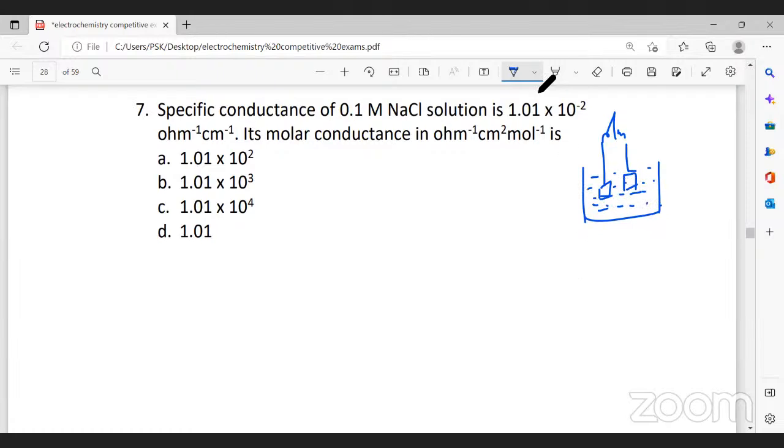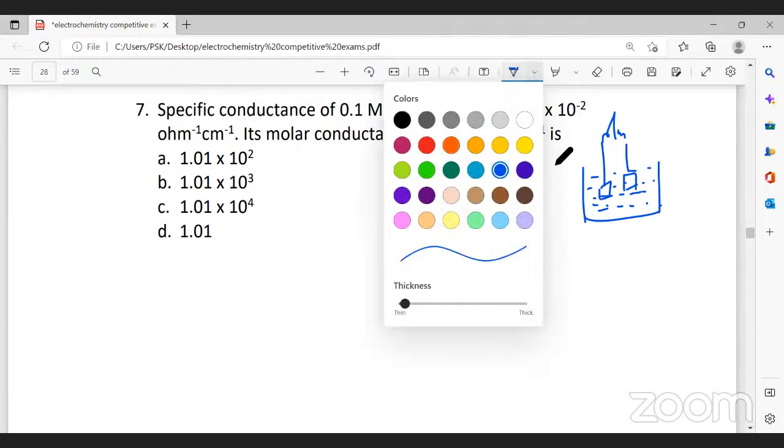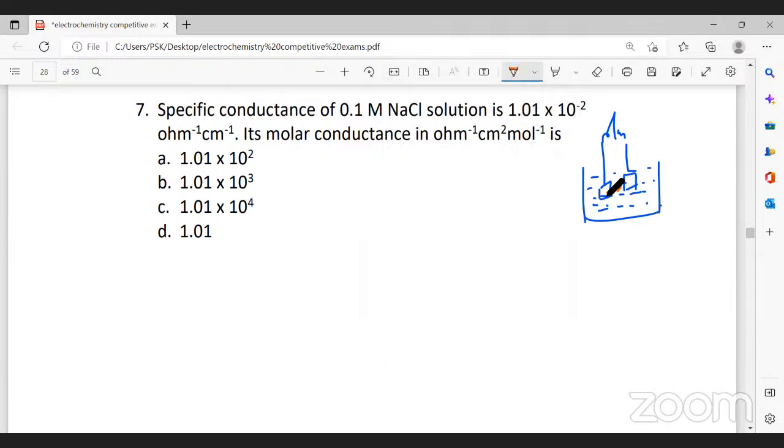The distance between the 2 electrodes is 1 centimeter, and the cross-sectional area is 1 centimeter square. The conductivity of all the ions present in the solution between these 2 electrodes, with length 1 centimeter and area of cross-section 1 centimeter square, is called specific conductance.